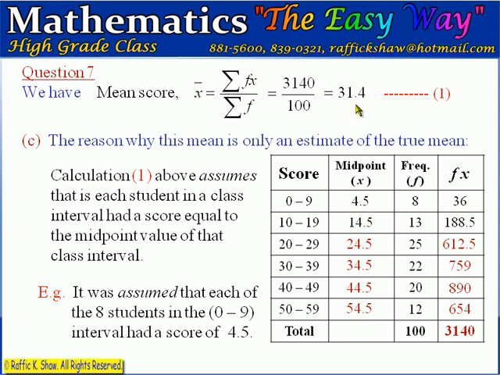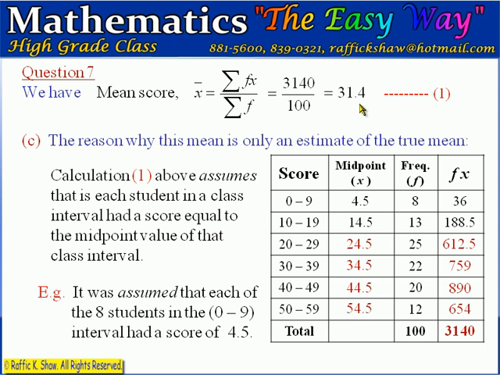And this is why this mean that was calculated using these assumptions is not the true mean but only an estimate of the true mean, because the midpoint values of the group were used to represent the entire group. And so 31.4 is only an estimate of the true mean.